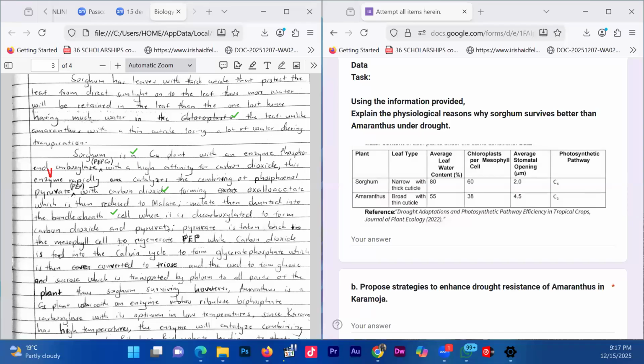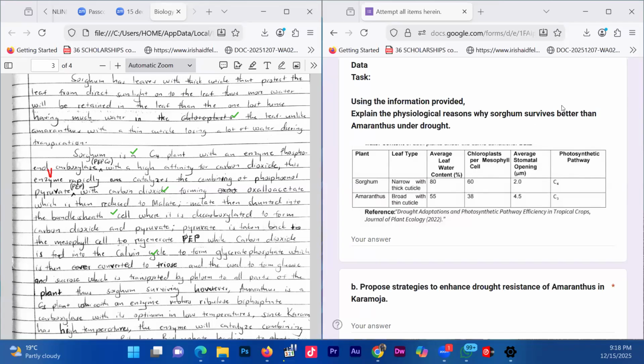Yes, good. And pyruvate is taken back for recycling. Carbon dioxide is fixed into the Calvin cycle. Have you mentioned the enzyme?